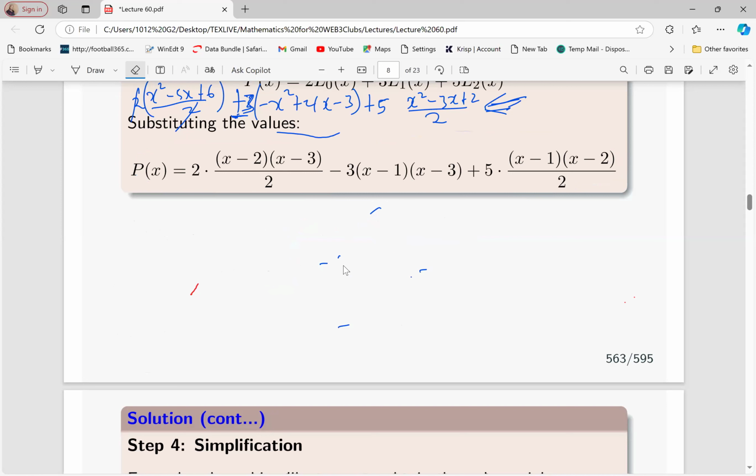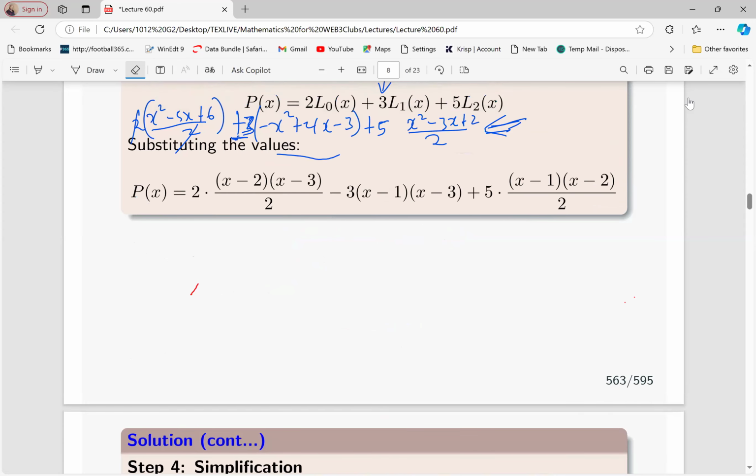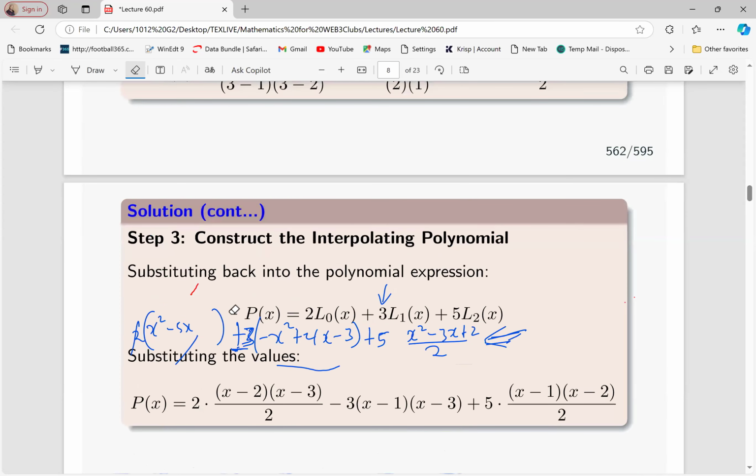Now, for those who are writing the programs, the steps that I've given are the ones we use to write the programs. First, your program should be able to calculate L0, L1, L2, and so on. After calculating all those, each one of them should be multiplied by the corresponding value of y.